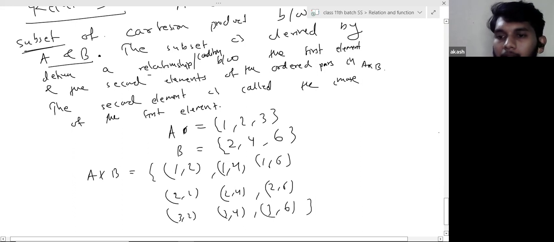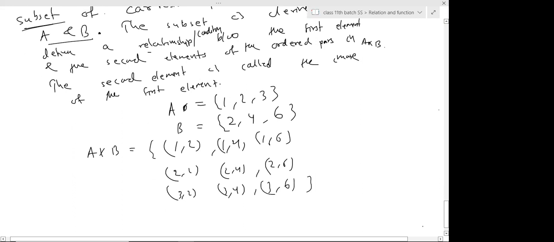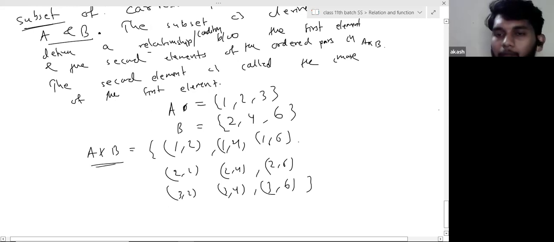This is clear. Now R is a subset of this. That means we have to choose a few elements out of this. A subset can be phi, that means empty, or the whole set, or a few elements out of this.